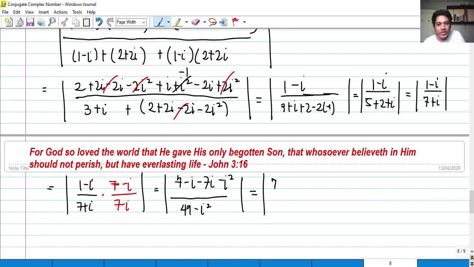Let me just rewrite: 7 minus 7i, negative i minus 7i, that's negative 8i. Then we have negative times negative 1, minus times negative 1.